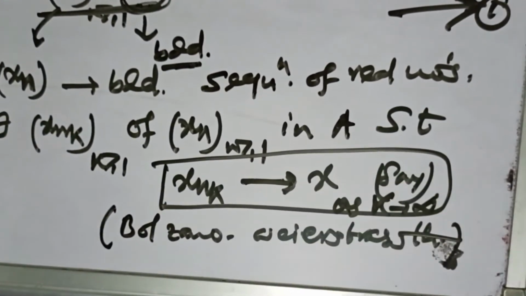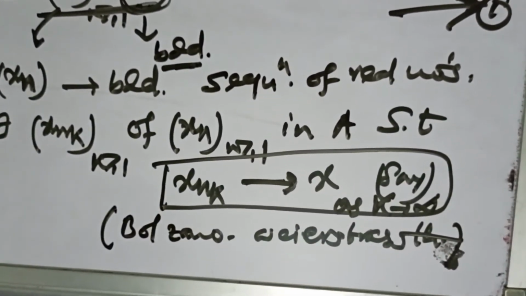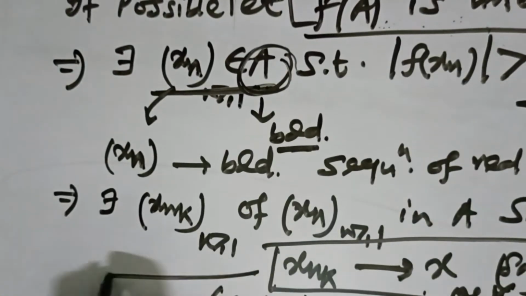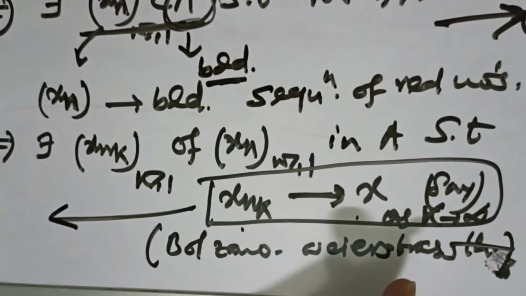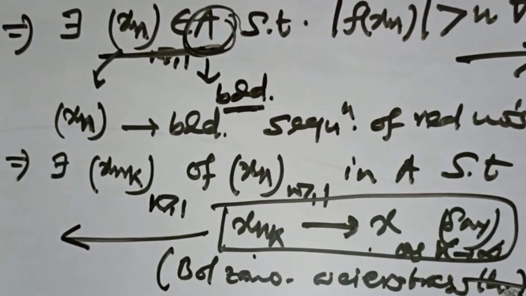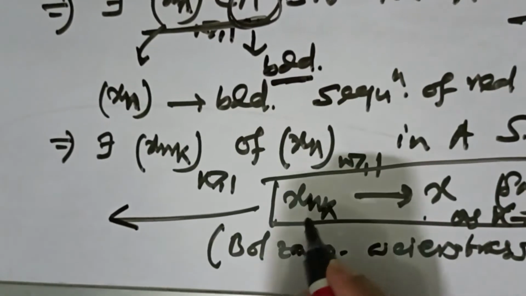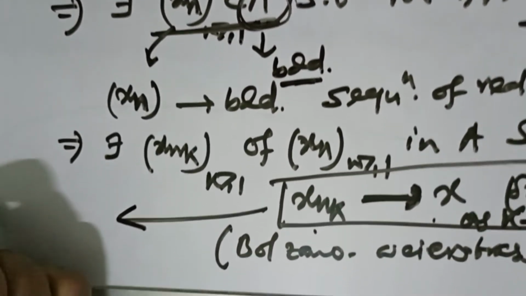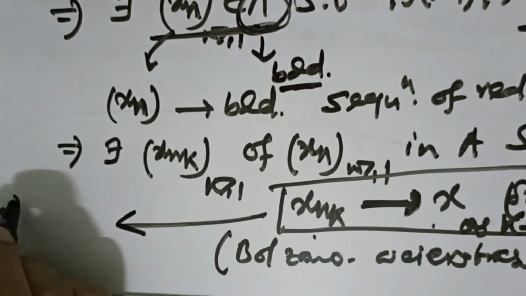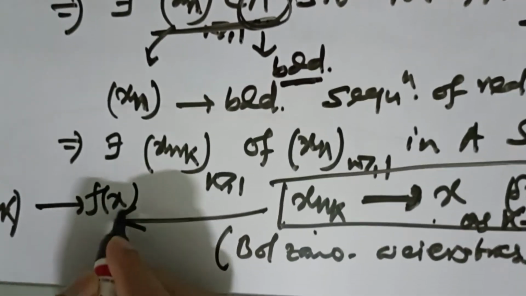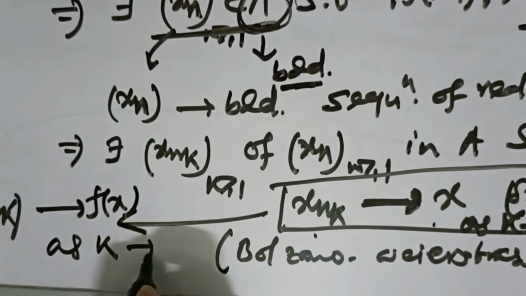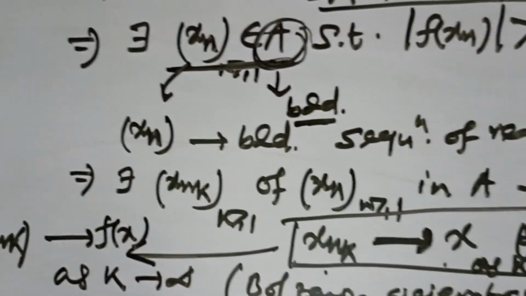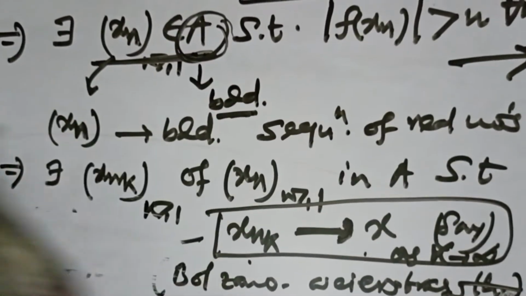Now xnk converges to x, but f is given continuous. So f of xn converges to f of x. Since xnk converges to x and f is continuous, f of xnk, the functional sequence, will converge to f of x as k tends to infinity.